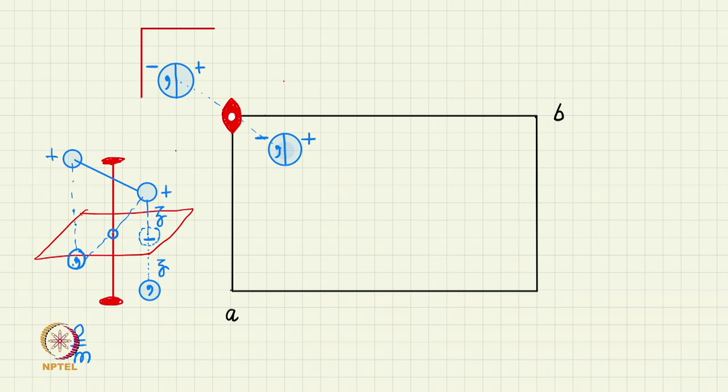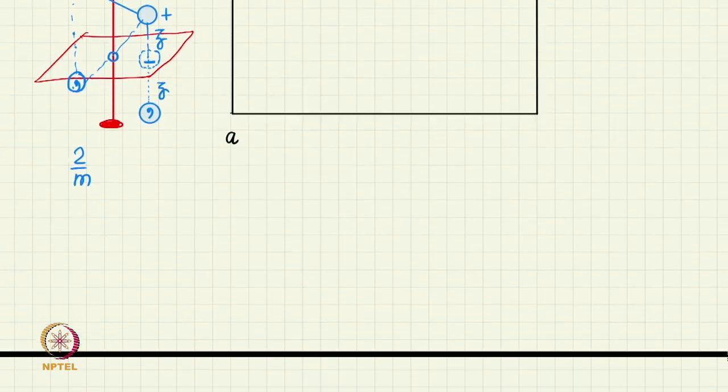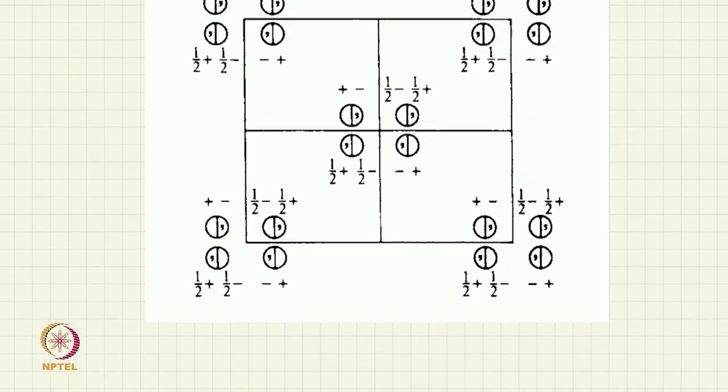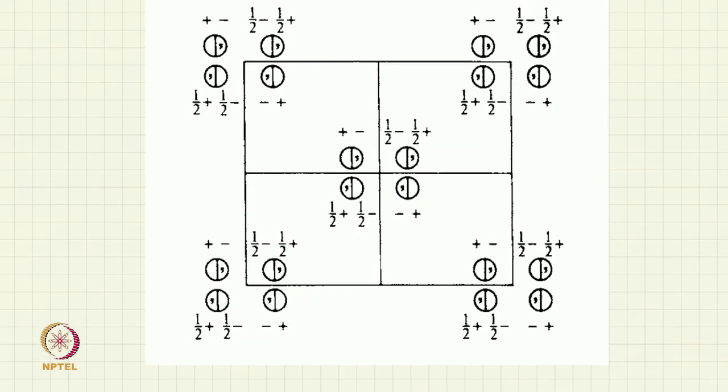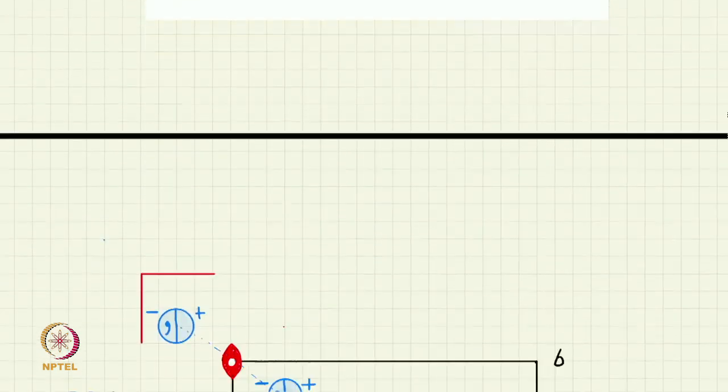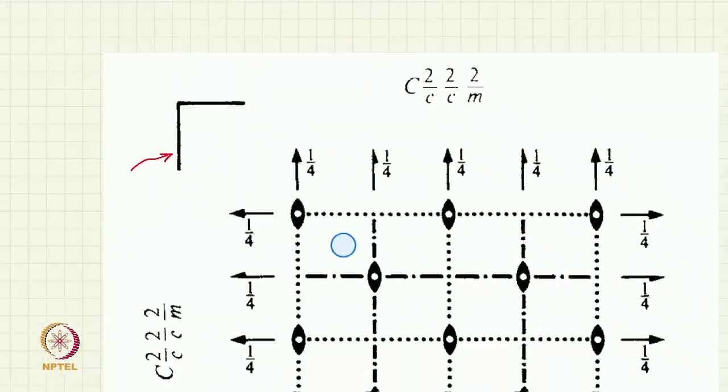Now, I have four equivalent positions which satisfy the mirror and the two-fold, but you can see there are many other equivalent positions here. So, how are they getting generated? Let us consult the symmetry diagram.